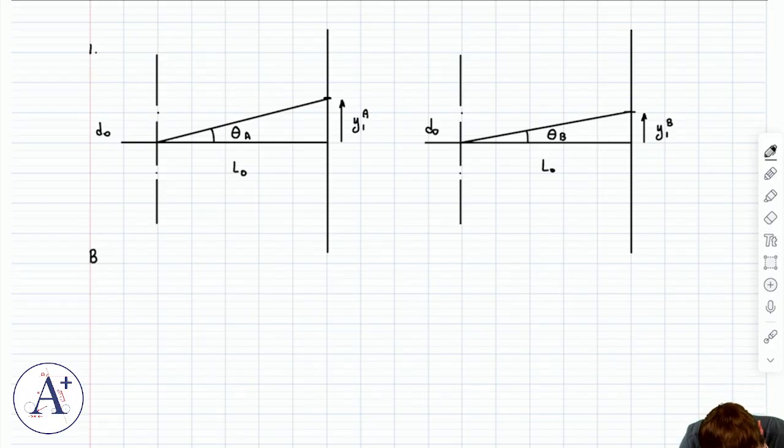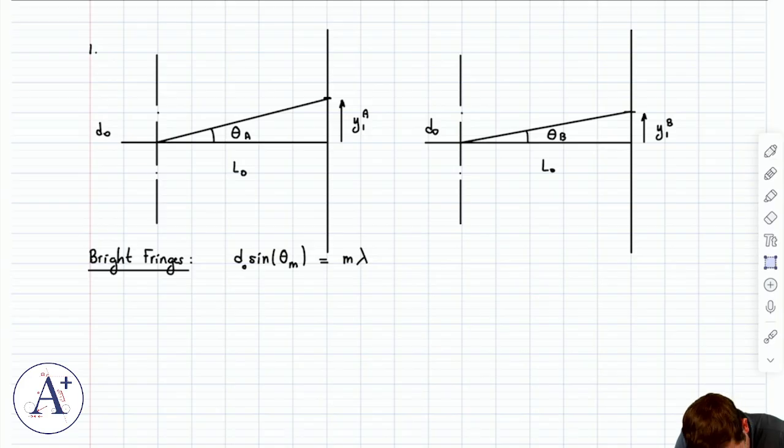Now, bright fringes. Let's start with the first experiment, experiment A. Bright fringes are given by D, so D0 in this case, sine theta m is equal to m lambda.